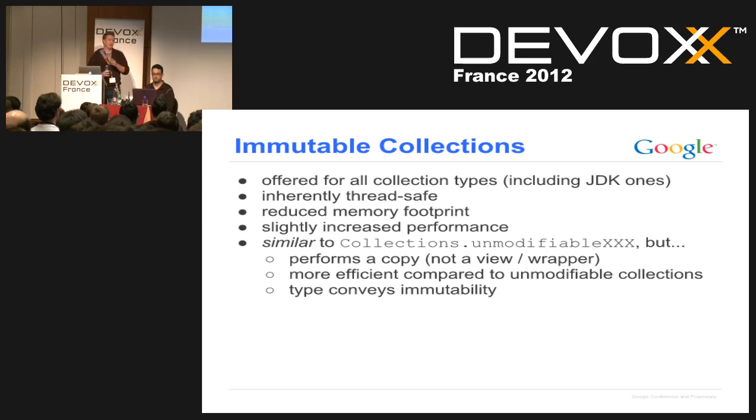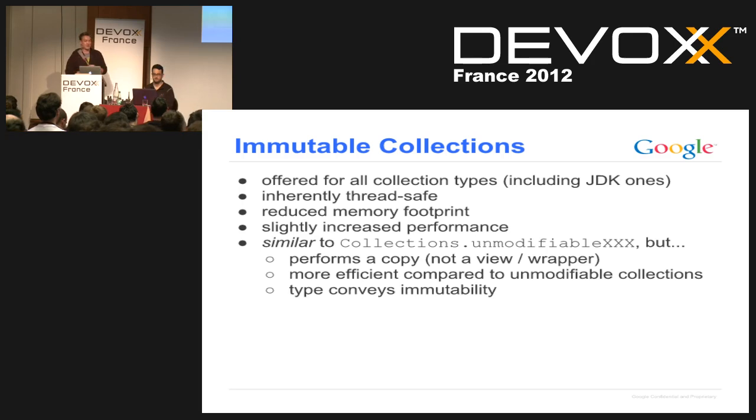You would say, why would we provide these if Collections.unmodifiable already exists in the JDK? Collections.unmodifiable actually is just a view of the underlying data. So if anyone maintains a reference to that data structure that you've passed into it, they can change what's inside of your unmodifiable collection. Immutable collections actually perform a copy, and they copy all the data into their data structure.